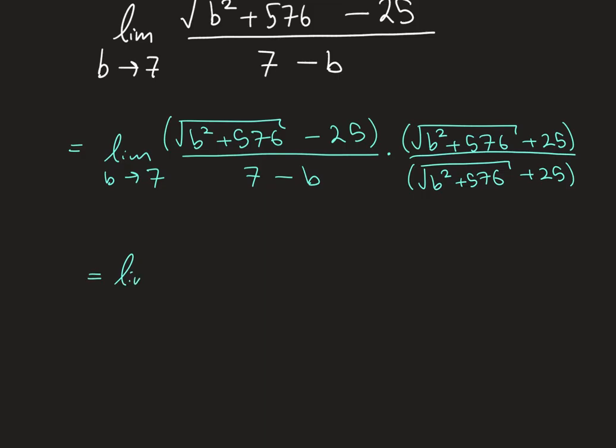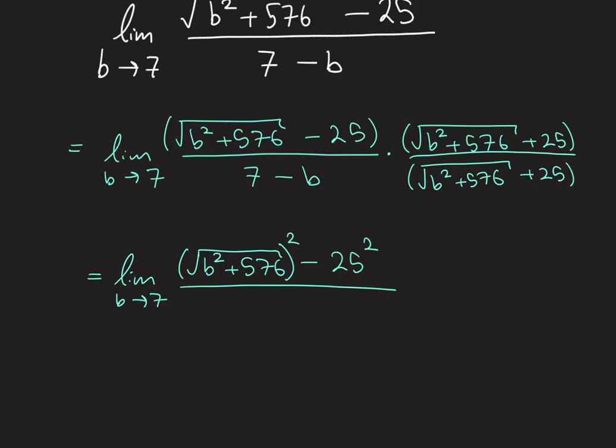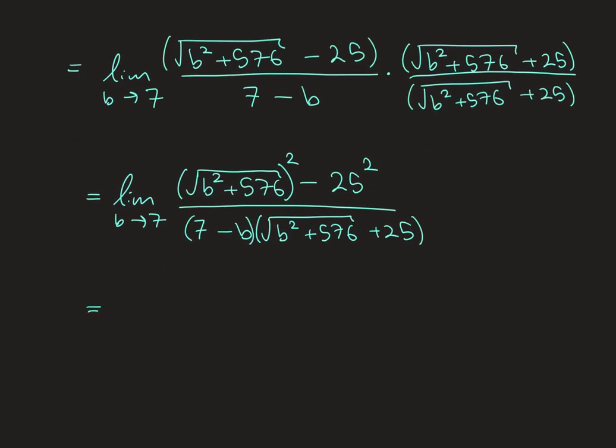We recognize the difference of squares. This is the limit as b approaches 7 of the square root of b squared plus 576 all squared, minus 25 squared, all divided by 7 minus b times, put that in parentheses, the square root of b squared plus 576 plus 25. All right, let's see where this takes us. It looks like I got the limit as b approaches 7.